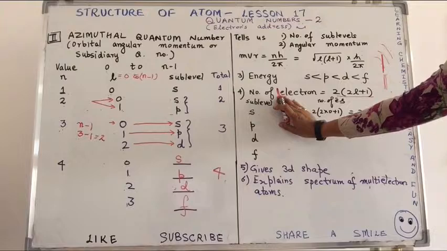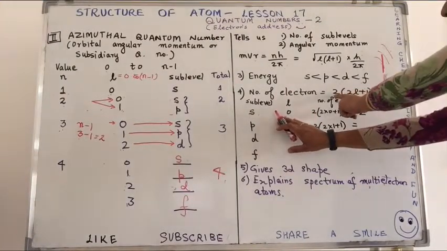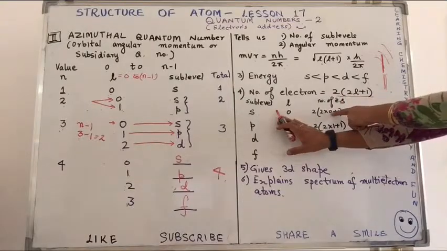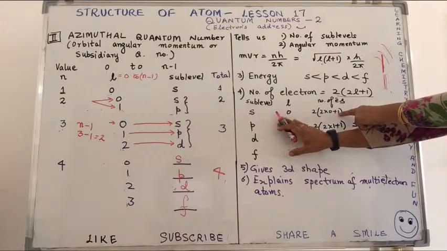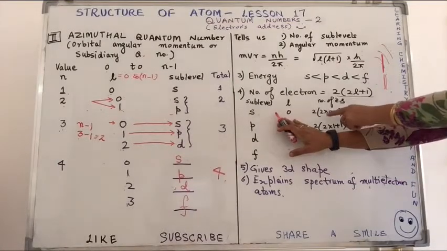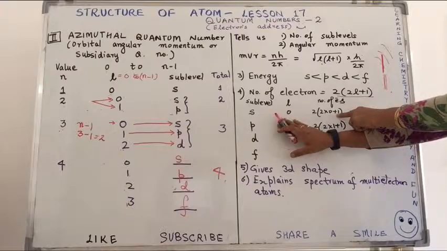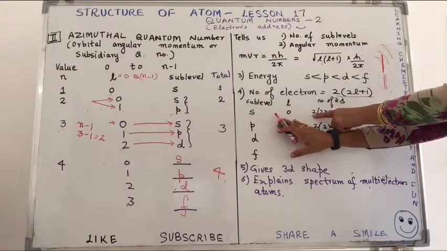Yes, the value of L is 0. So 2 into, bracket, 2 into 0 plus 1. Can you do the calculations? Yes, 2 times 0 is 2, 2 plus 1 is 3, 3 times 2 is 6.